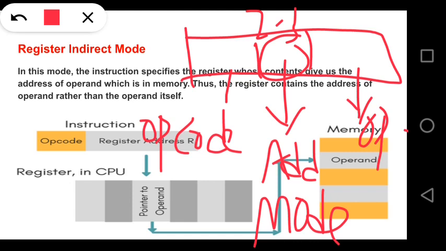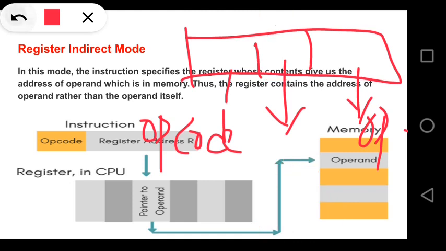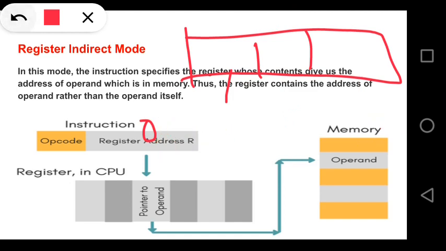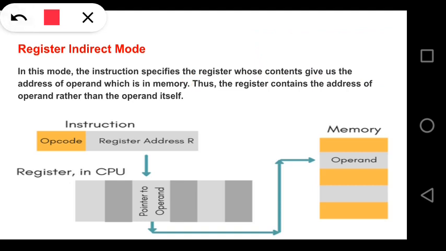If it is 00, it may be immediate mode. 01, it may be register mode. If it is 11, it can be identified by the CU that it is a register indirect mode. I hope you are getting the point. So it is better to divide the instruction format into three parts and reserve some bits for addressing mode. So this is called register indirect addressing mode.